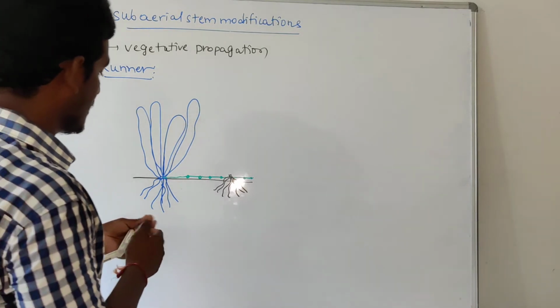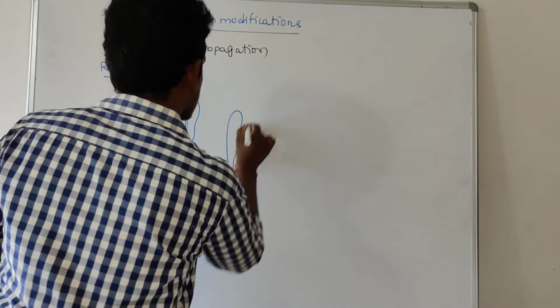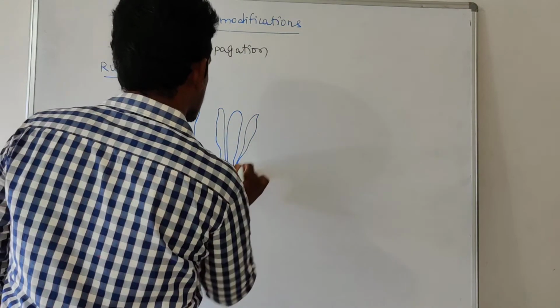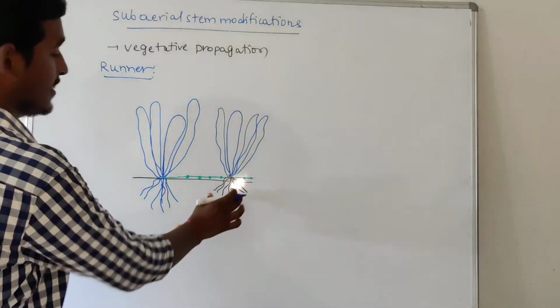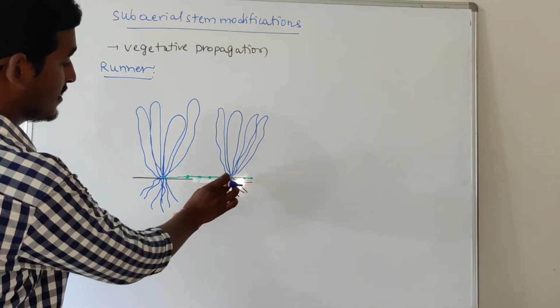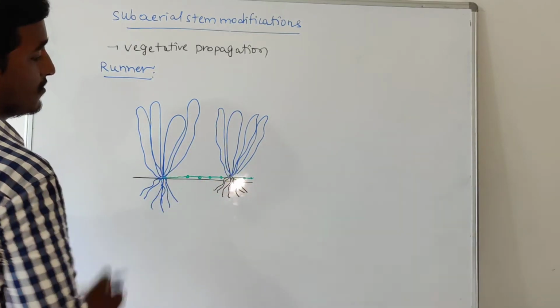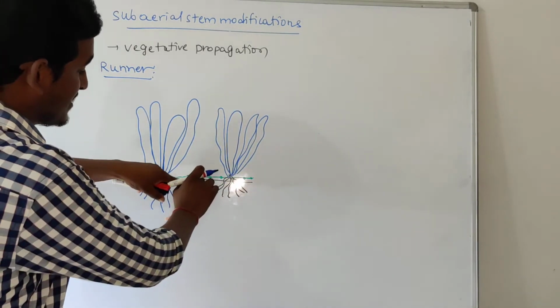Above the soil it develops the shoot part, and below the soil it develops adventitious roots. They are rooted at every node, not only at this one.